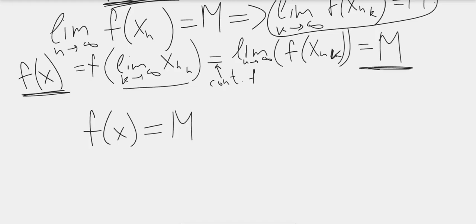If we recall what m was, it was the supremum of the function f of x on the interval ab. So this concludes the proof, because we found the point x where it attains the supremum.